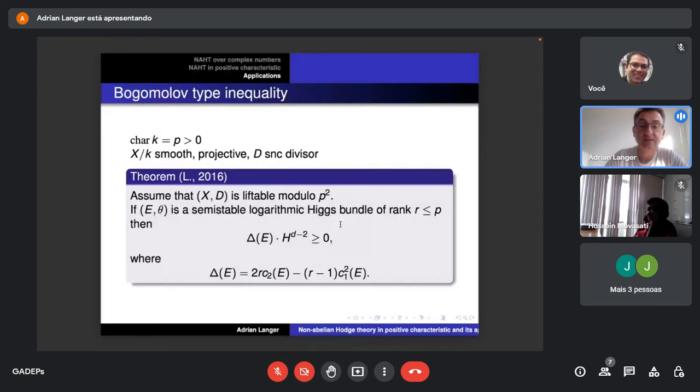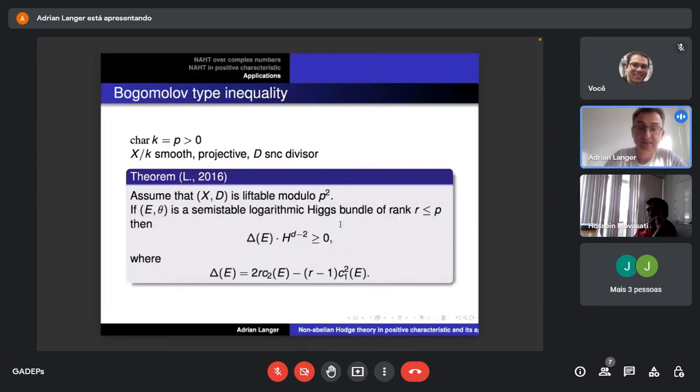And here this is slope semi-stable with respect to some fixed h, and this h really appears here because this discriminant is 2 times the rank times the second Chern class minus (rank minus 1) times the first Chern class squared. It's some class in the codimension 2 cycles on your variety, and then you can intersect a codimension 2 cycle with a general complete intersection surface, and get a number. And this number is greater or equal than 0.